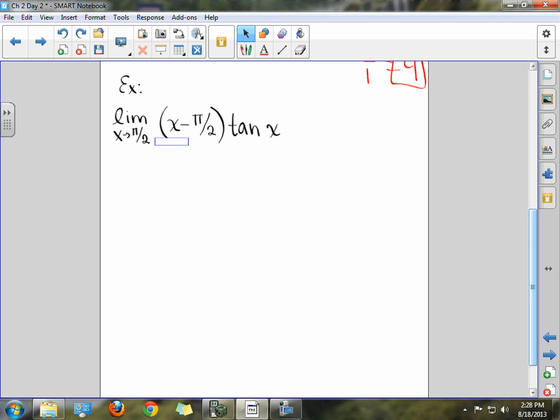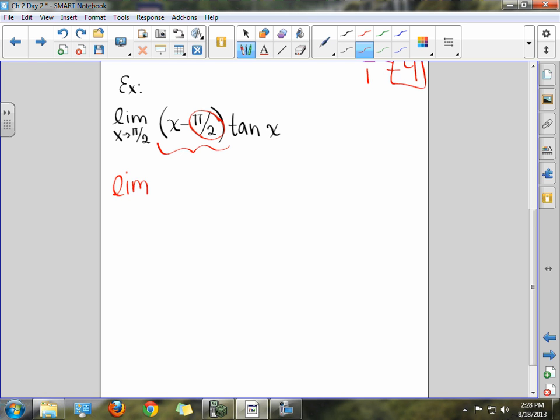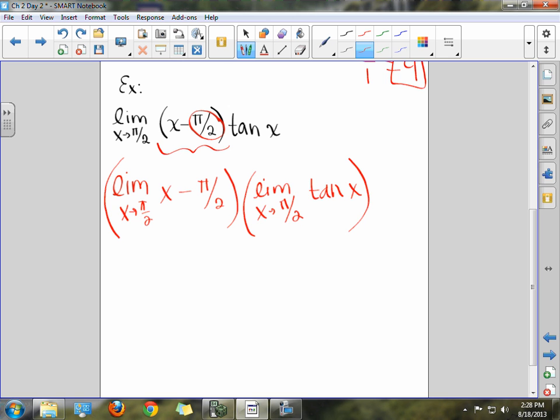Then I can apply the subtraction rule, because if I don't have a variable there, the limit isn't going to affect it. So I could write it like this, the limit of x minus pi over 2 times the limit as x approaches pi over 2 of tangent x. And now the first one is pi over 2 minus pi over 2, which is 0.